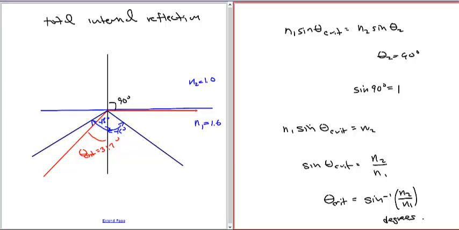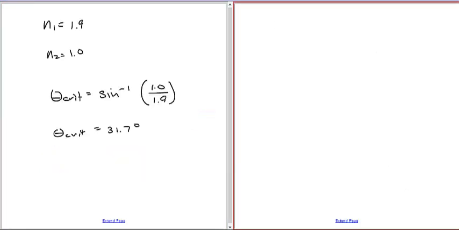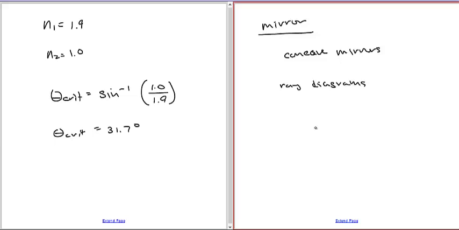Okay. Now, as far as lenses and mirrors are concerned, I want you to be responsible for all of the scenarios for concave mirrors. So that means ray diagrams, how those work. We went through those in class.